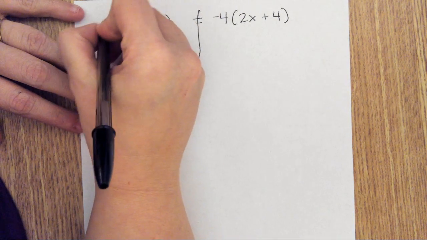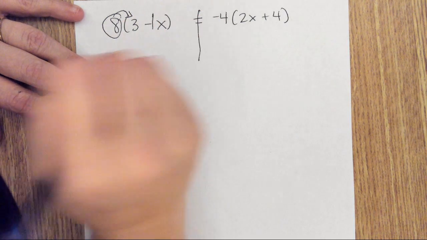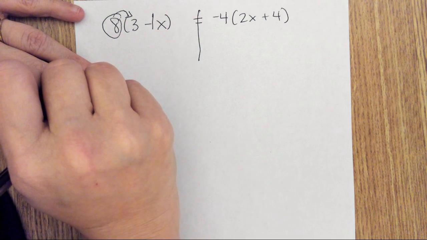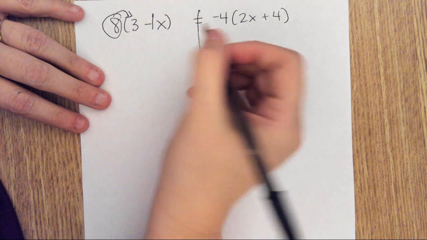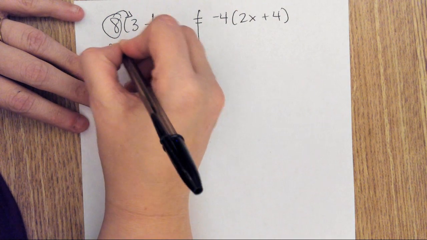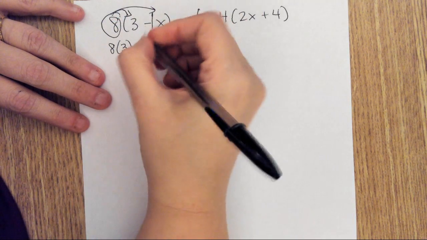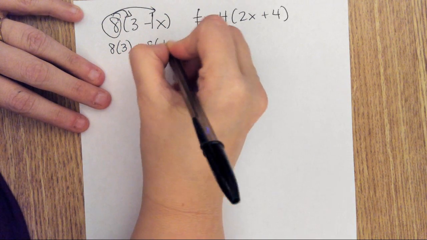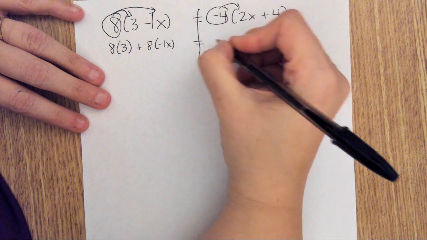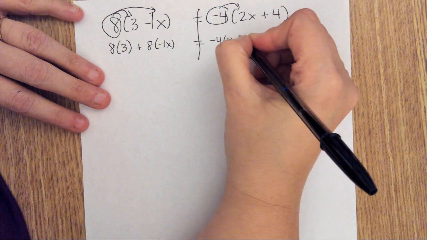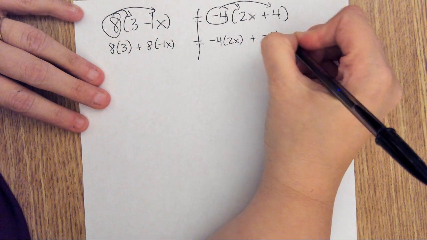Now I see I've got 8 times 3, which is 24, 8 times negative 1, which is negative 8x. Now, if you find yourself forgetting to multiply by the second one, I would actually write down what you're doing. So 8 times 3 plus 8 times negative 1x equals, and then we can do the same here, negative 4 times 2x plus negative 4 times 4.